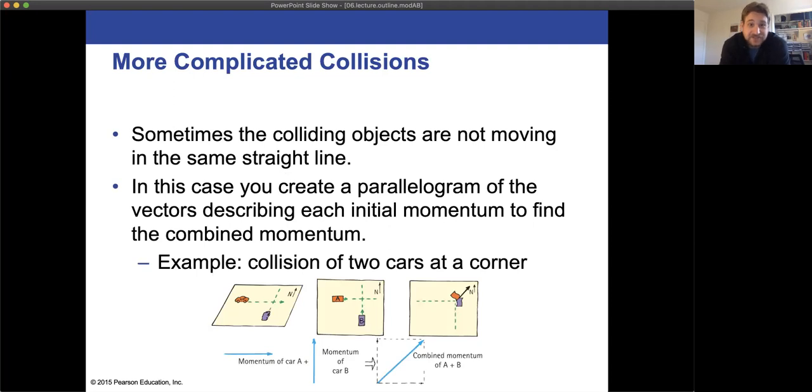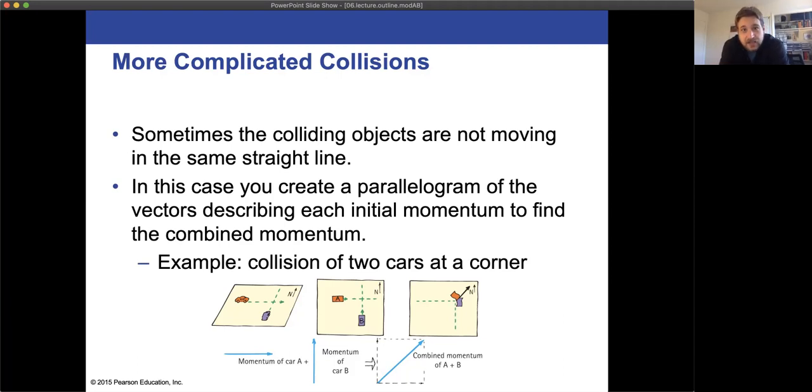If it isn't just a straight line collision, then we might have to do a little bit more work. And because momentum is a vector quantity, we can go back to think about the vector relationships. We can talk about the perpendicular momenta of these two cars. Car A is moving to the right, car B is moving up the page.